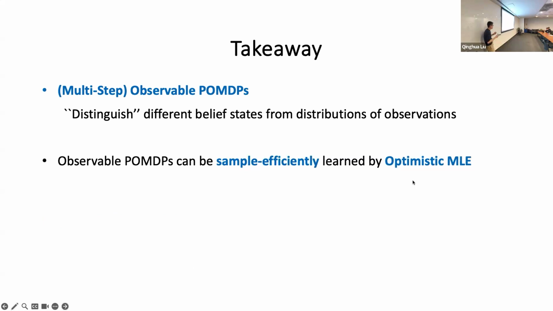And any POMDP that satisfies this condition can be sample efficiently learned by an algorithm called optimistic maximum likelihood estimation. This algorithm is by no means computationally efficient. It's only a demo of sample efficiency.